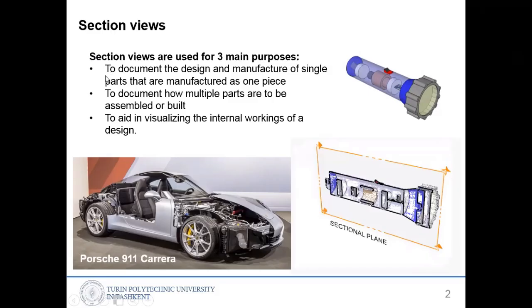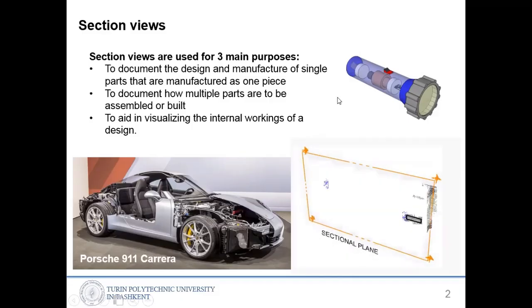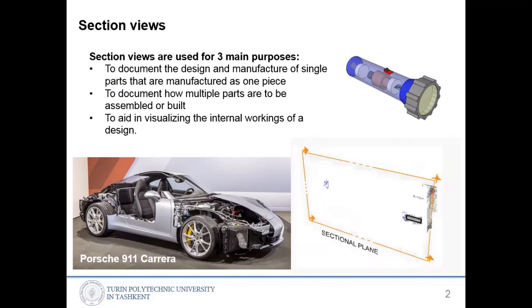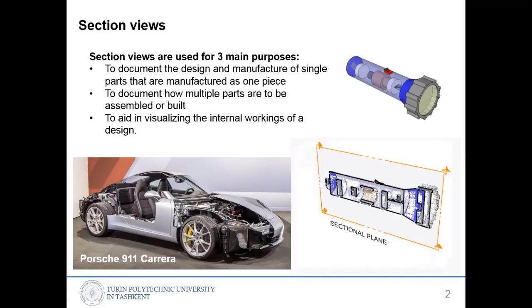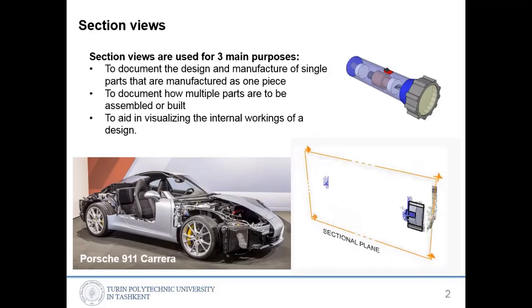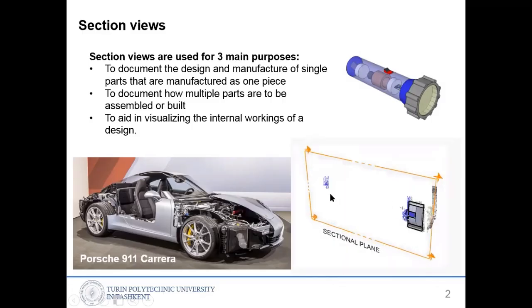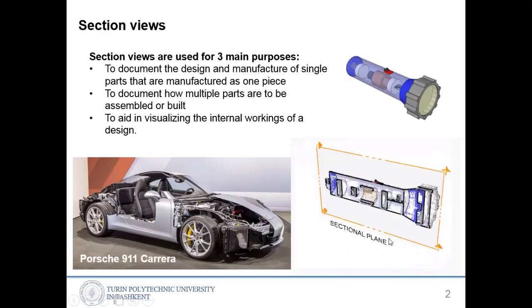Those are, first, to document the design and manufacture of single parts, where the manufacture is one piece. So to know whether it is made from one piece or from several pieces, assembled from many pieces. To show that, we need to make a section view, and you can see at the bottom right hand side it is made using a plane.